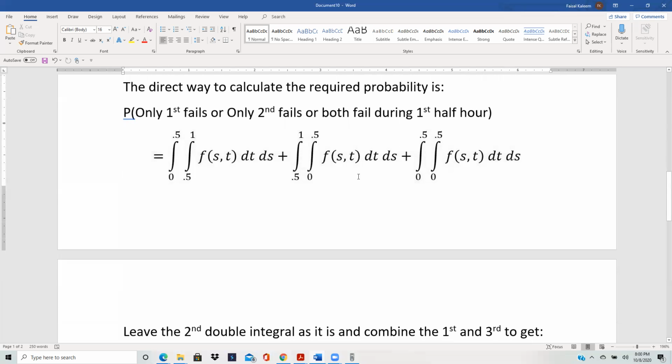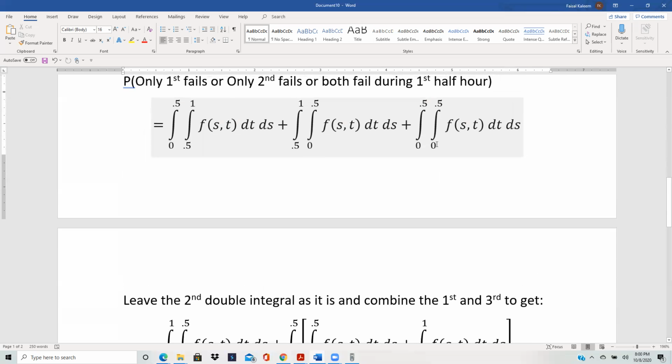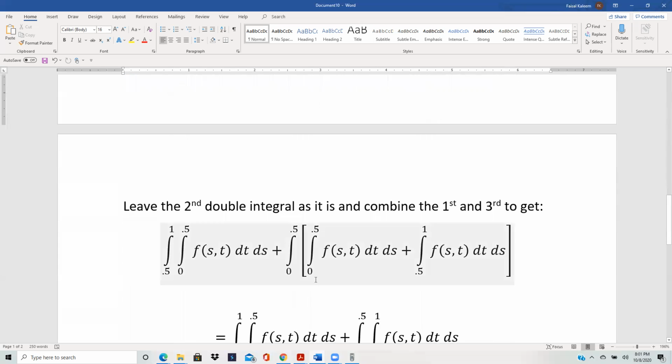So now if we leave this second one untouched and combine the first and the third, in the first and the third you have 0 to 0.5 as the outer, and then inside you have 0.5 to 1 and 0 to 0.5. So we can write it as 0 to 0.5 plus 0.5 to 1, which is what I've done.